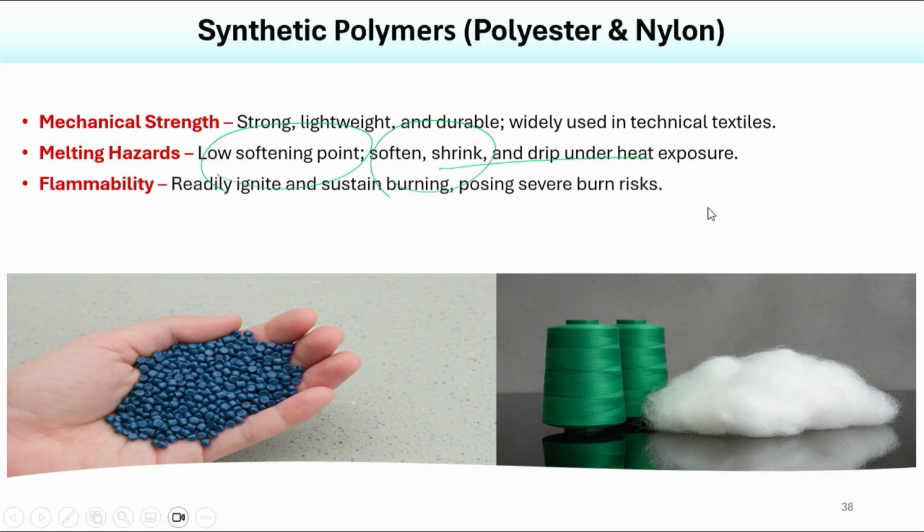So, that is why synthetic fibers like polyester and nylon are normally not used for fire protective clothing, and these are flammable, readily ignite and sustain burns.